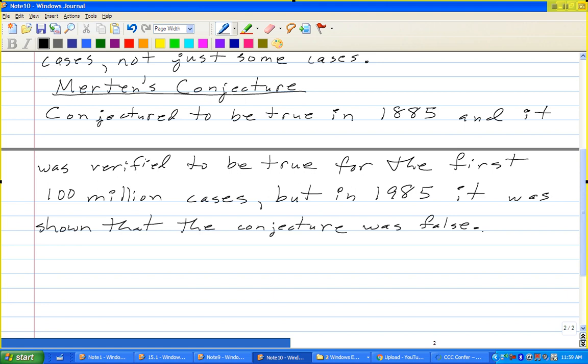So even though they were able to verify the first 100 million cases, it turns out that it didn't hold for every number. Eventually there will be cases where you can find that it doesn't work. So the problem is that you can't just say, well, I think it works. You've got to show that it works for everything.